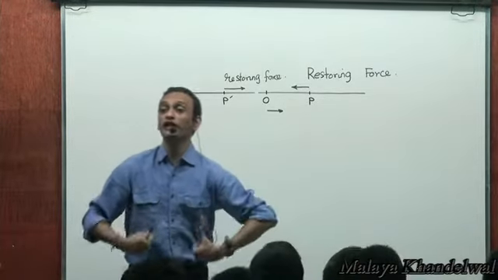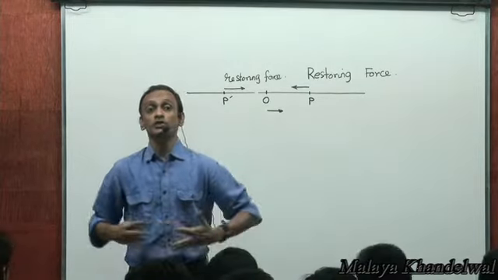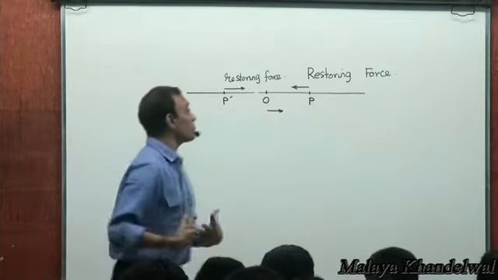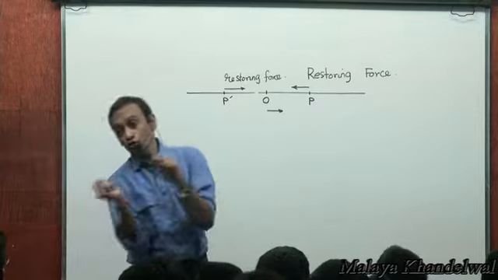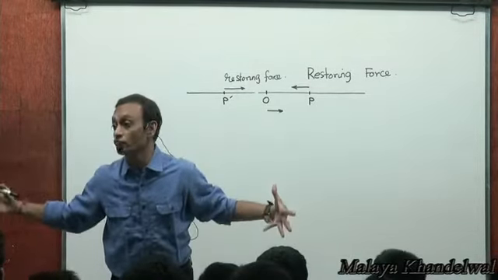So we would look at the characterization of such forces, which are restoring in nature, and the further you displace the particle from O, the greater is the magnitude of this force.